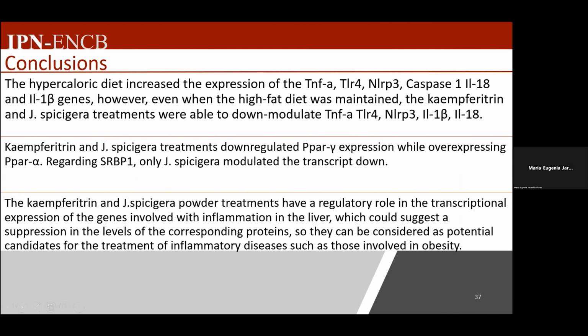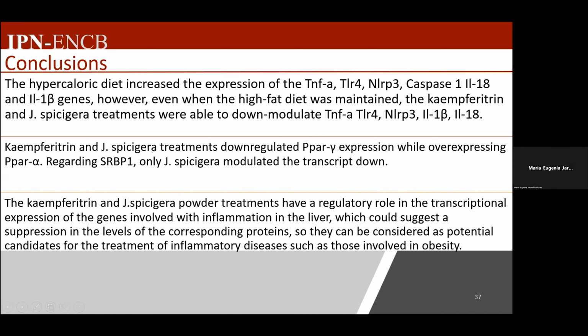The hypercaloric diet increased expression of all of the pro-inflammatory proteins, and the groups treated with kaempferitrin or Justicia were able to down-modulate all these pro-inflammatory proteins.